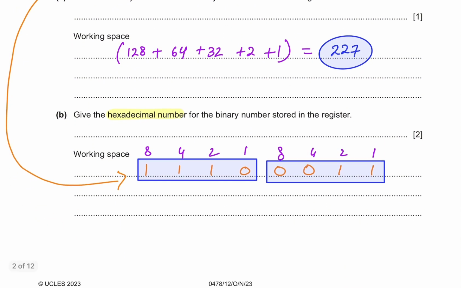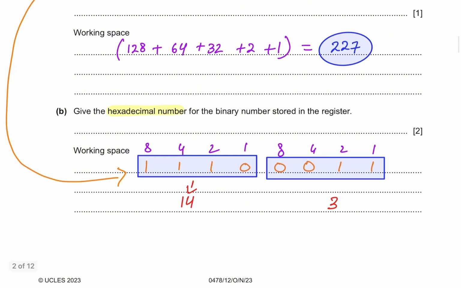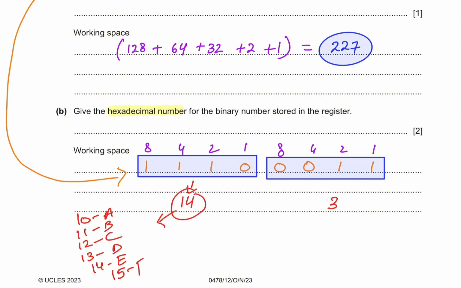So this is 3. And 8 plus 4 is how much? It's 12. 12 plus 2 is what? 14. So this is 14. So what is the value of 14 in the hexadecimal table? 10 is A, 11 is B, 12 is C, 13 is D, 14 is E, and 15 is F. So we all know that at 15 it basically stops.